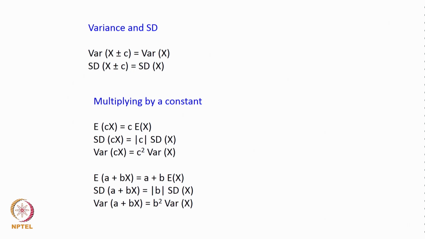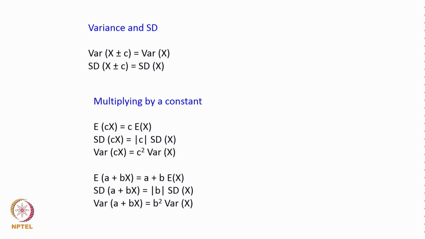If we multiply by a constant, then expected value of Cx, where c is the constant, is c times expected value of x. So, the expected value of x gets multiplied by c, whereas the left hand side is the expected value of multiplying every possible value that capital X can take by c.